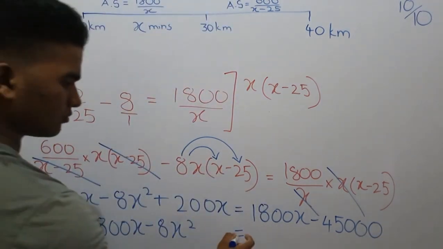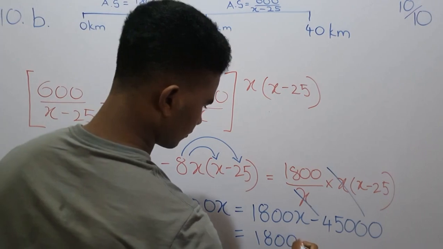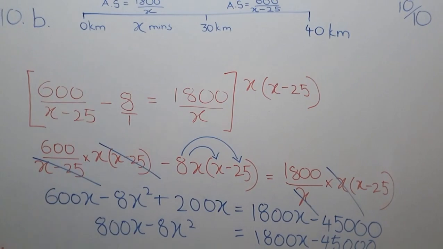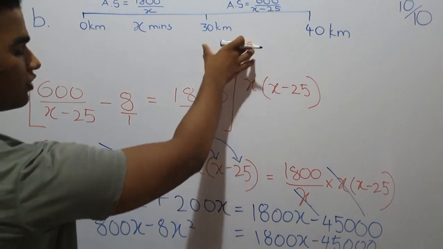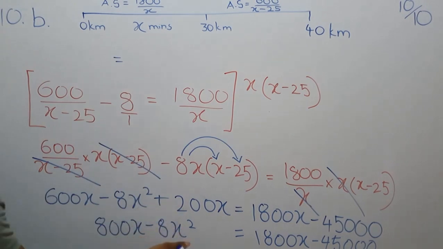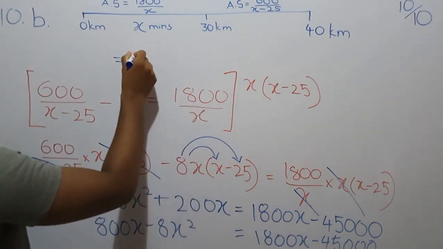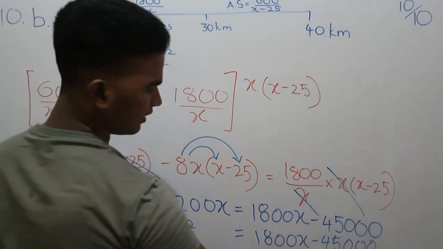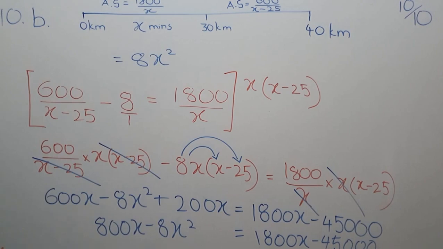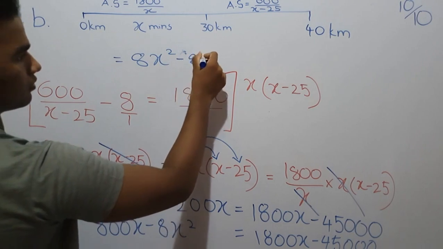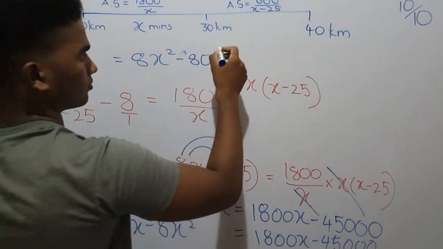I'll be writing the simplification at the top. I'll be taking minus 8x square to this side. Minus 8x square, when we take it to this side, becomes plus 8x square. And this 800x, when taken to this side, becomes minus 800x.